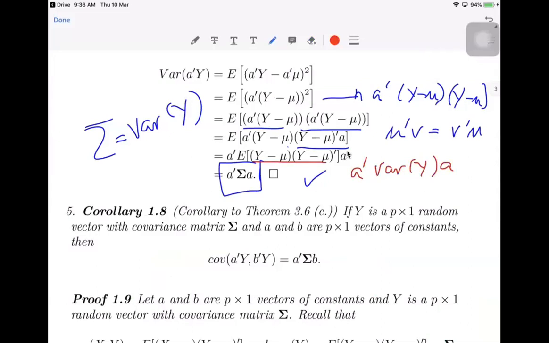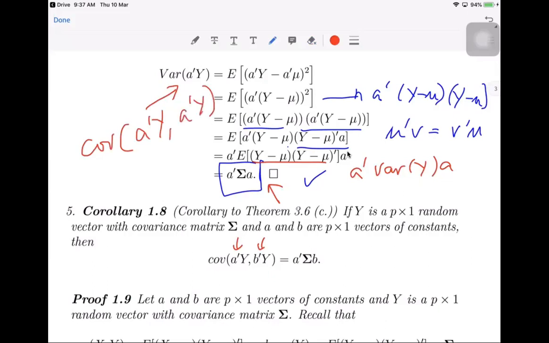Any questions from the others? So no questions. As a corollary to this result, if you have another vector, because before we had only one vector, how do you rewrite this? In terms of covariance, this is the covariance of a prime y, but this time you have another vector of constants b prime.